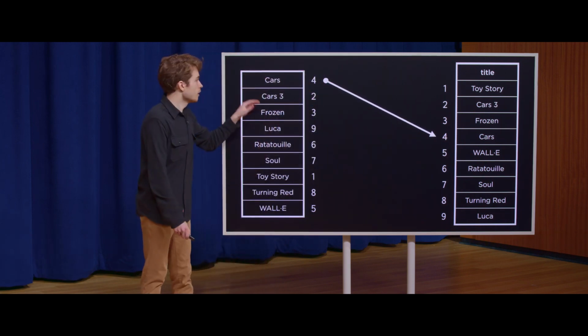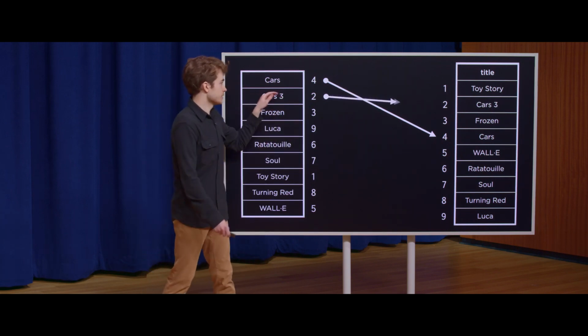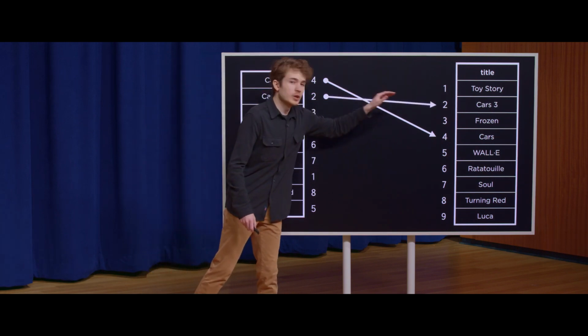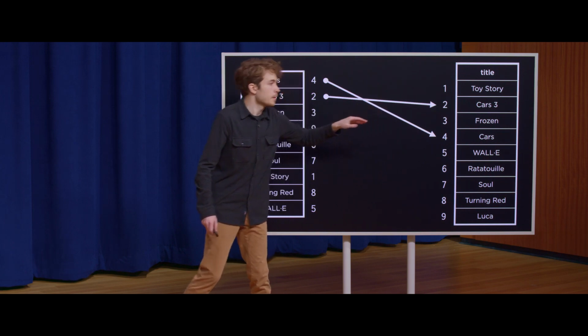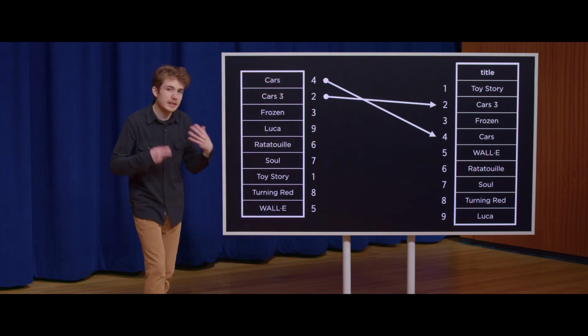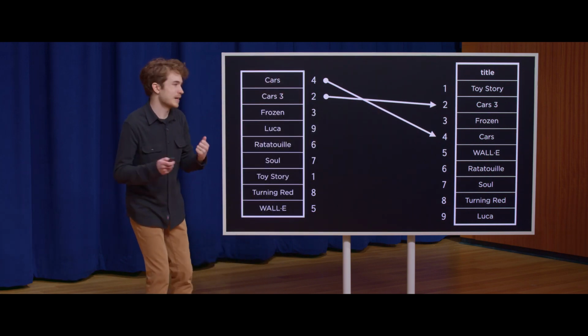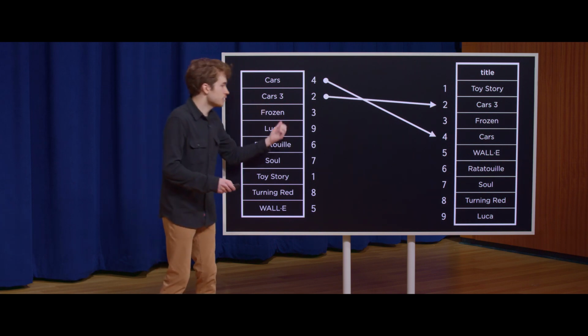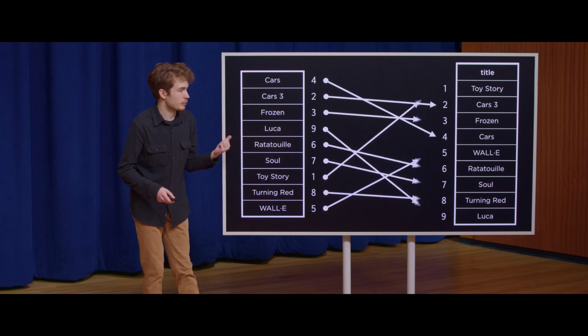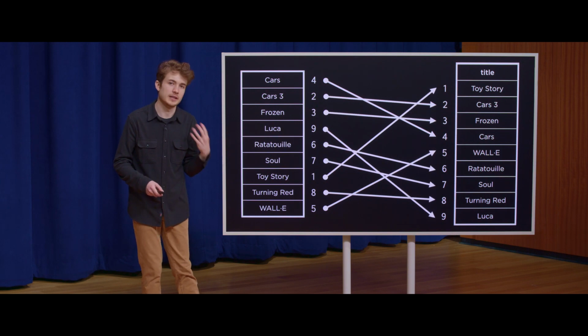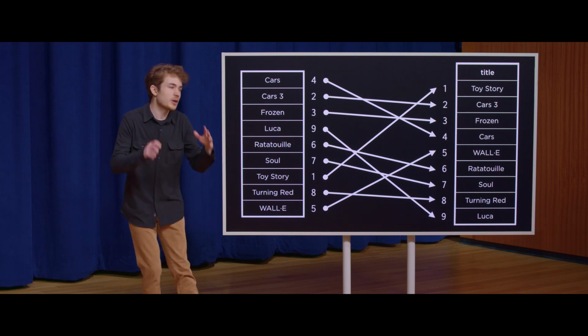I could draw one for Cars 3, going from this index place here to row 2 in my title column. So that is the way I can link my index with my table data. I could do the rest of these too for all of my other pieces of data in my index. So let's focus on this now.